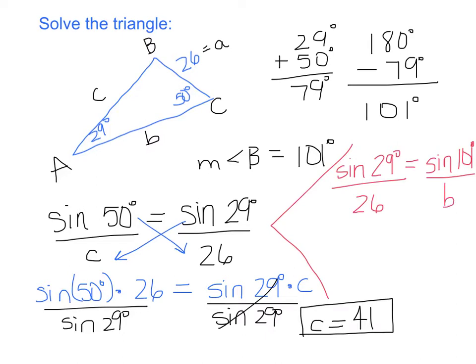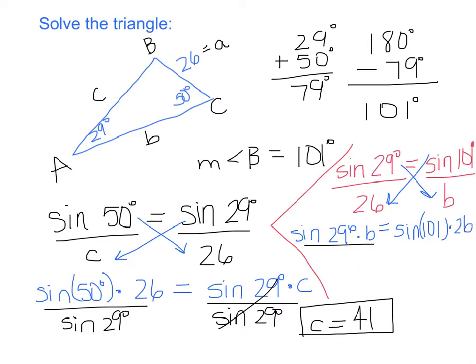I'll cross multiply again and get sine 29 times b equals sine 101 times 26.